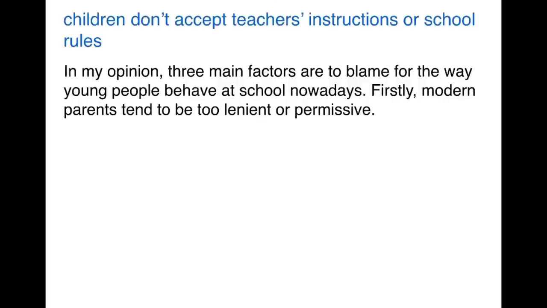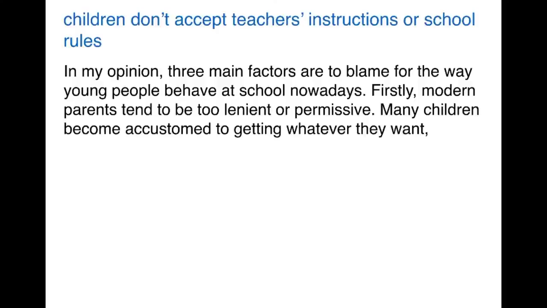The second point, children don't accept the teacher's instructions or the school rules. Here's what we wrote. Many children become accustomed to getting whatever they want. So that just explains the permissive or lenient parents a bit more. And then we'll go on to the instructions and the school rules.